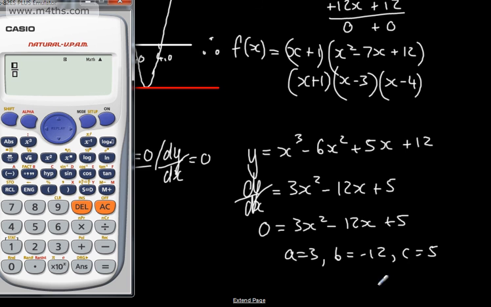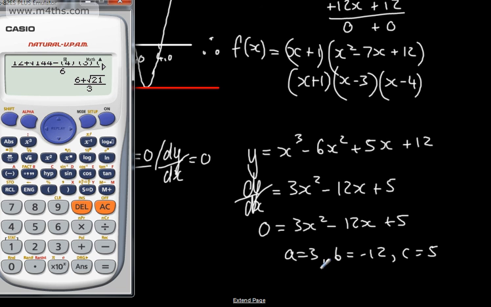Negative b, so minus negative 12, which is 12, plus the square root of negative 12 squared, which is 144, minus 4 lots of 3 multiplied by 5, all over 2 lots of a, which gives me 6.